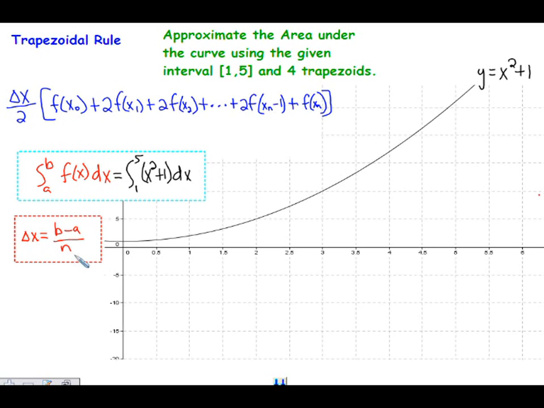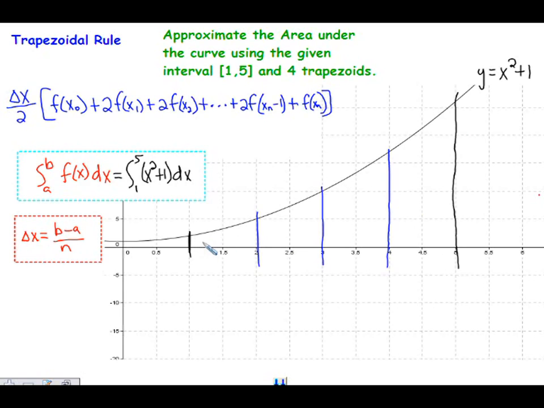n is the number of sections you're going to use, meaning what kind of objects you're going to have in between that interval. So we're looking from 1 all the way to 5, trying to find the area under that curve, okay? But we're going to cut it up into 4 sections, which are going to be from 1 to 2, from 2 to 3, from 3 to 4, and then from 4 to 5.